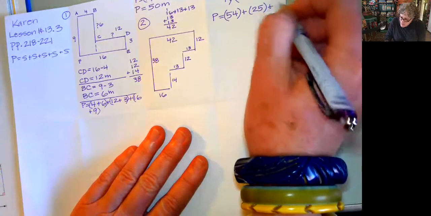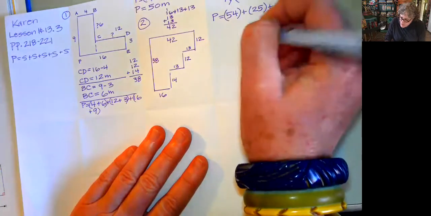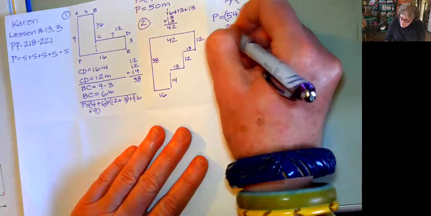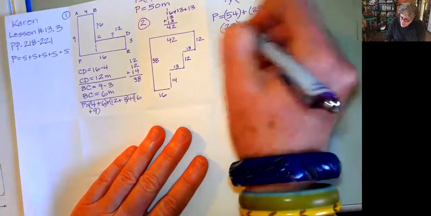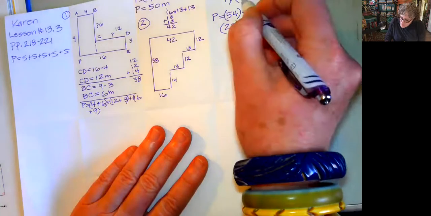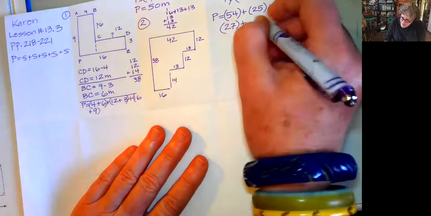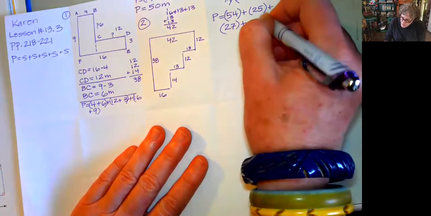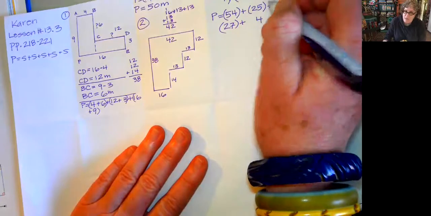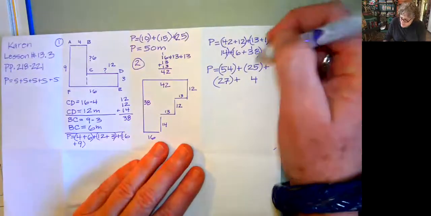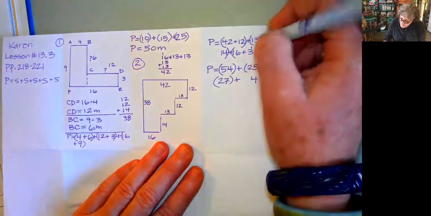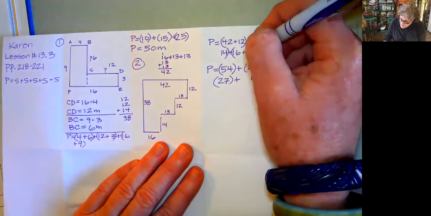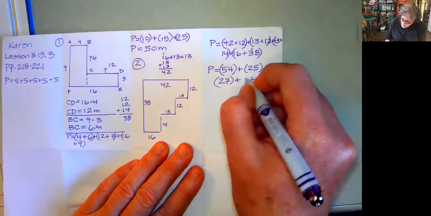If I take 13 plus 14, I get 27. And 6 plus 8 is 14, regroup. And oops, sorry, I'm writing it all up here. I'm so sorry. Regroup, and I get 4, 5, 54.